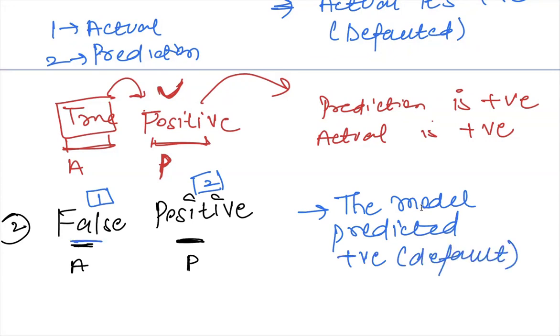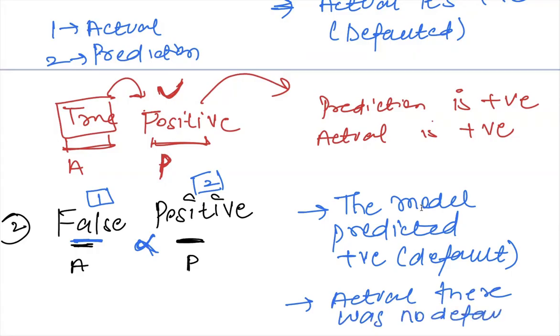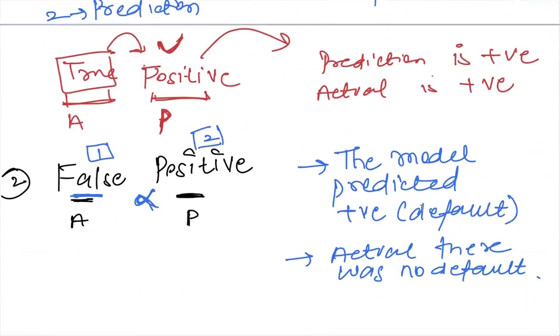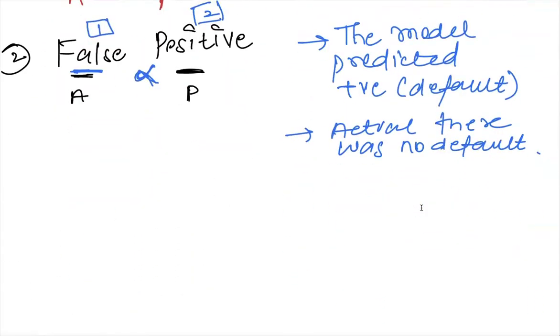Now, what does false mean? It is incorrect. So actually, there was no default. Is this clear? Please tell me. When I write true positive and false positive, what is the difference?